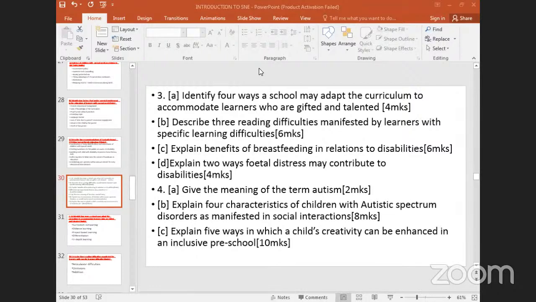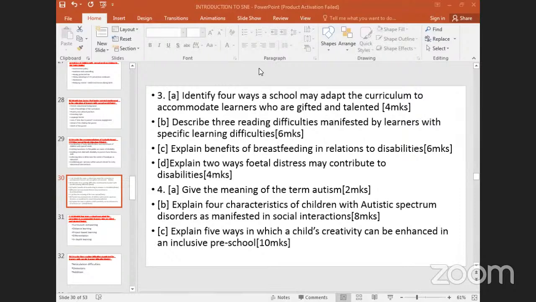Every answer is going to revolve around that. It is a very important key phrase, and we call them key phrases. And the question is identifying ways a school may adapt the curriculum in order to accommodate learners who are gifted and talented.